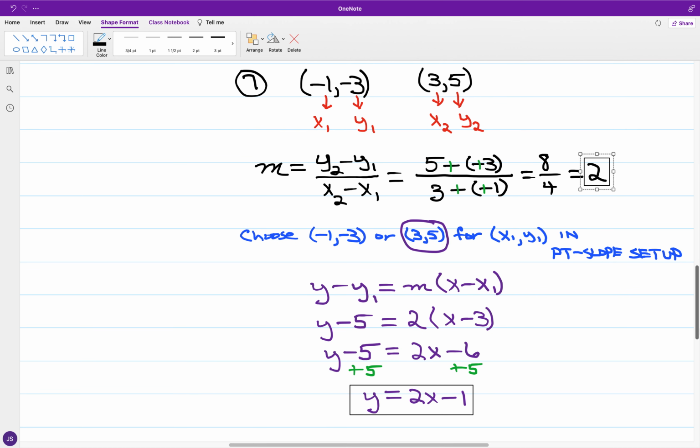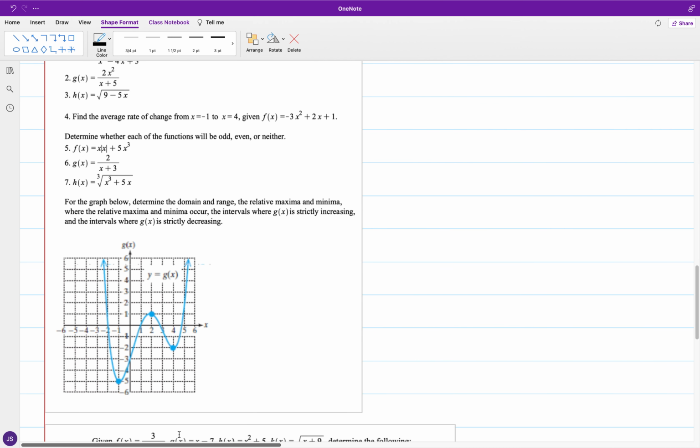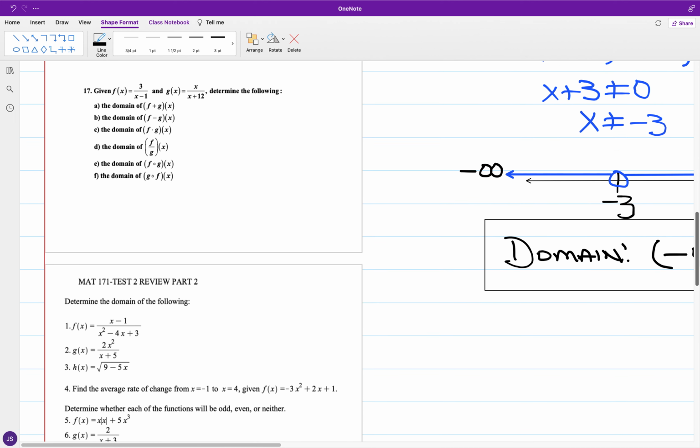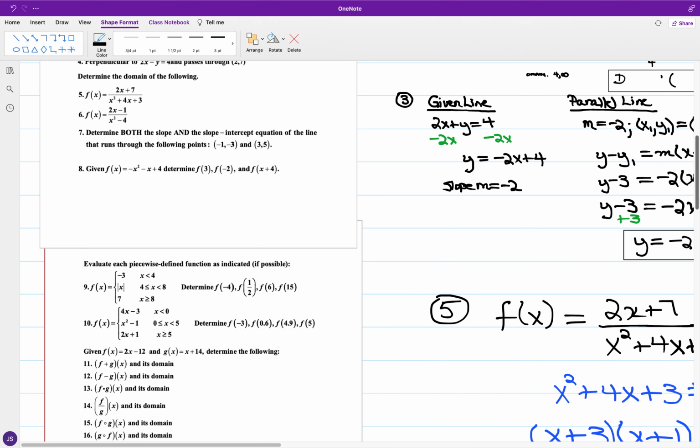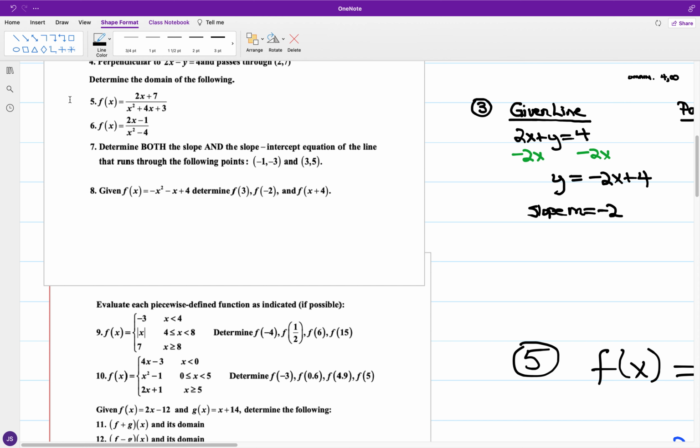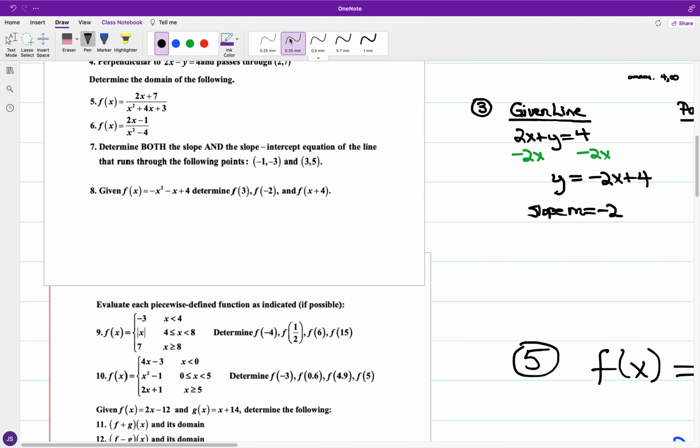Now, for item number 8, this is going back to an individual function where we were looking at various inputs and at what each output will be. So we have the function f of x equals negative x squared minus x plus 4.